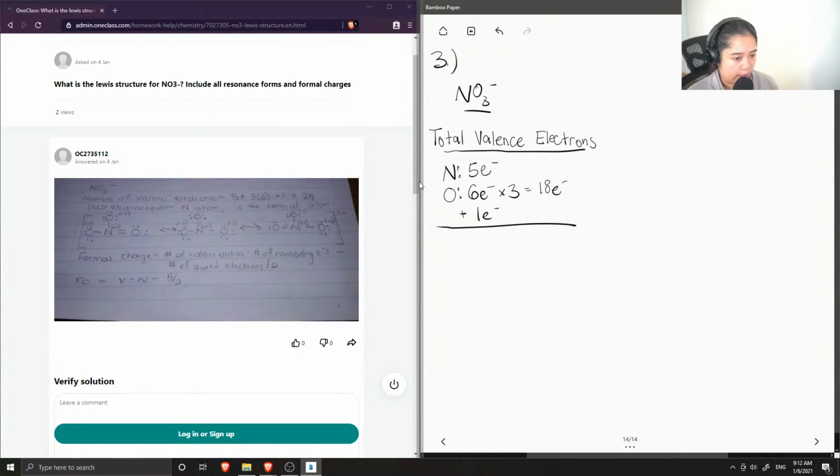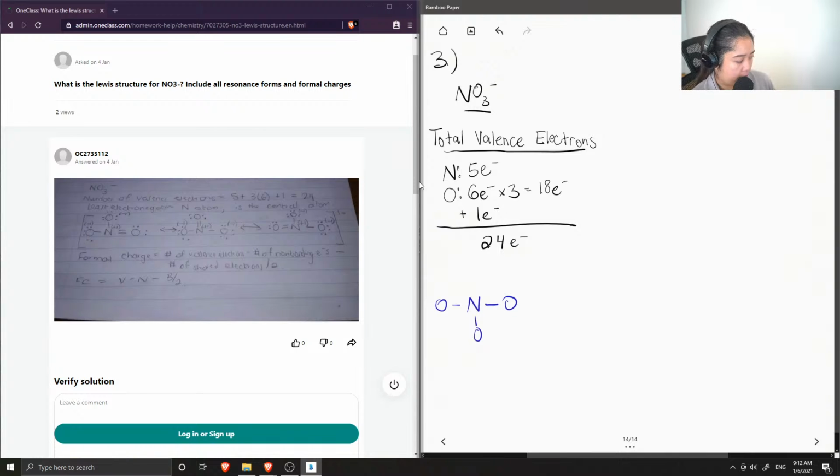And then if we add this all up, we should get 24. So now let's draw nitrogen as our central atom. And we'll show all the oxygens.